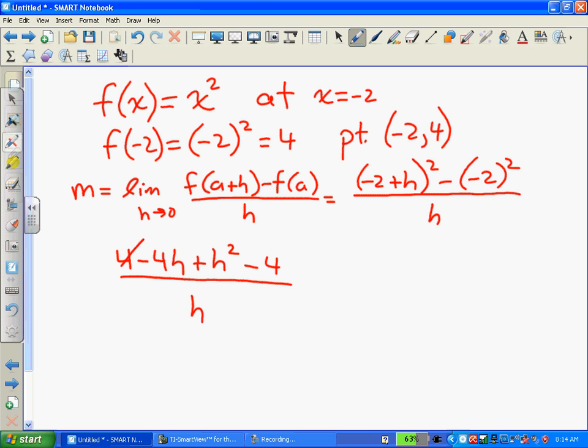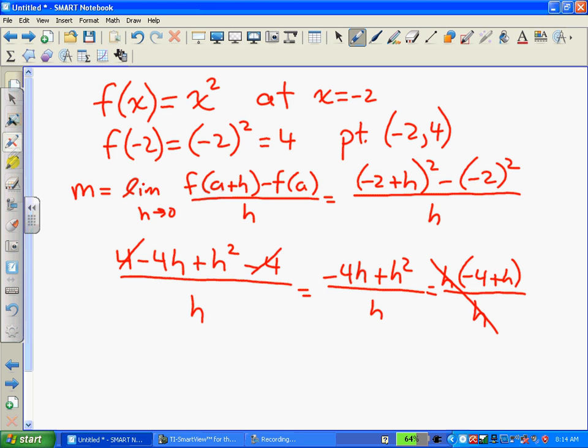So the 4 and -4 cancel, and we get -4h plus h squared over h. Factor out the h, we get h times (-4 plus h) over h. The h's cancel.